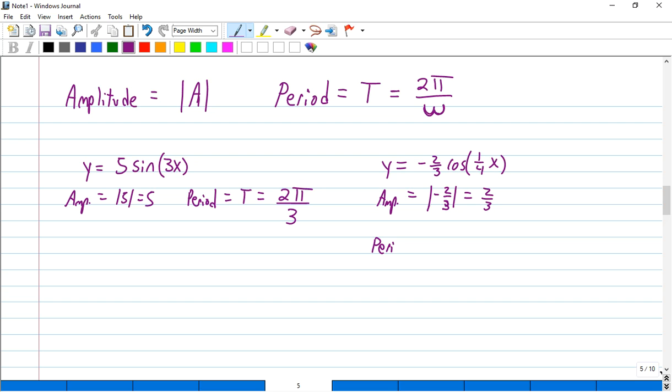All right, what's the period? 2 pi divided by whatever's in front of the x. So 1/4. Flip and multiply, you get what? 8 pi. You flip the fraction and multiply, you get 8 pi.